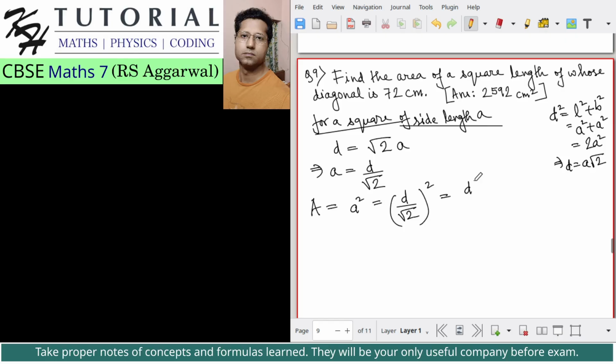This is D square by (square root of 2) whole square, which is D square by 2, and the diagonal D is given to be 72 centimeters. So this is 72 square by 2 centimeter square, and we have to find what will be 72 square.